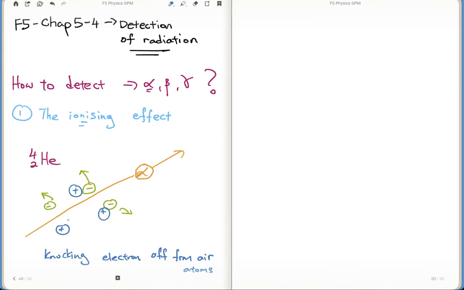When this happens, you have static charge floating in the air. So this is what actually happens.